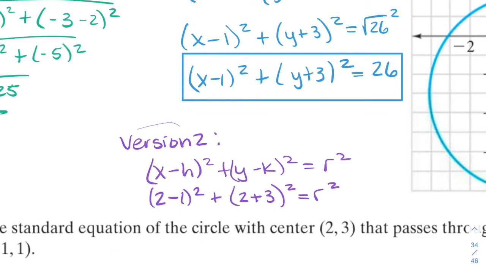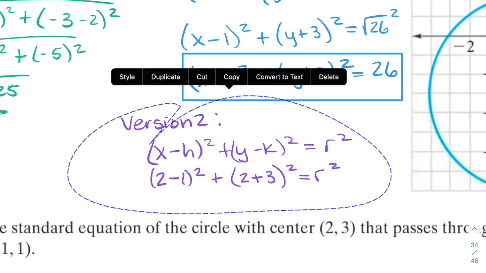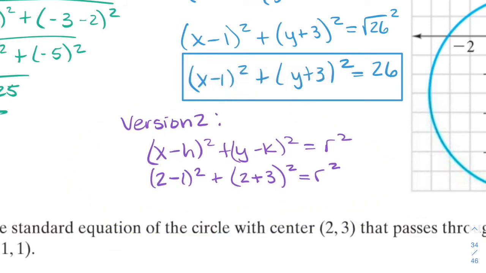So this is version 2, or the second type of way to do this. So 1 squared plus 5 squared equals r squared. Oh, sorry, 1, not 3. 1 squared plus 5 squared. So r squared equals 26. And that is what they immediately put in for r squared. I thought it was really cool.